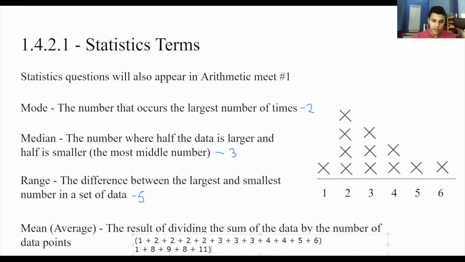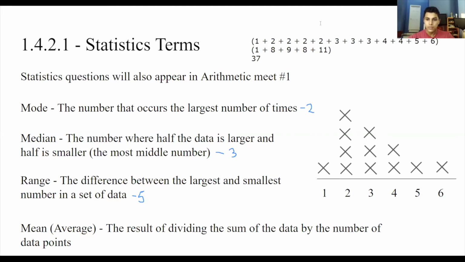And then if I simplify that, I can turn that into 37. So this simplifies to 37. And I'm going to actually move that all the way up here because I don't have enough room down there. So the sum of all my data is 37.